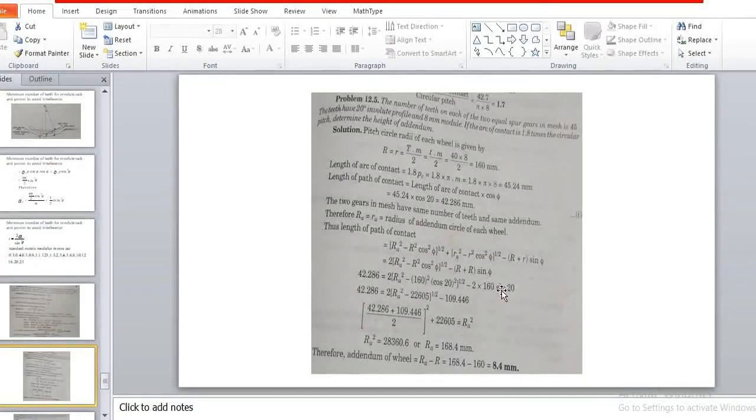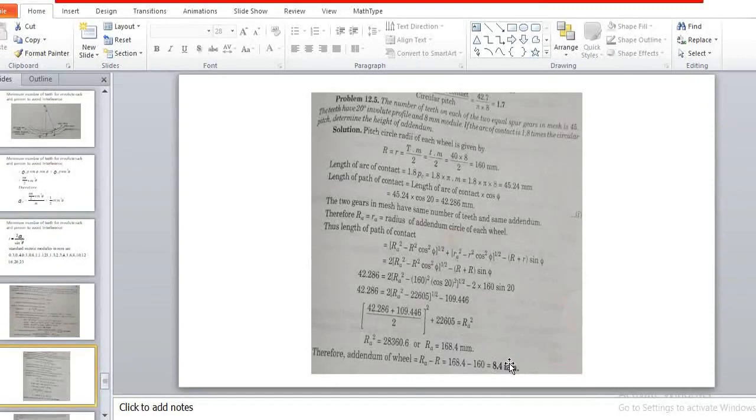Put in all other values, and the only unknown in this equation is capital R, the addendum radius for the spur gear. After simplification, we find capital R is equal to 168.4 millimeter, and the addendum of the wheel is equal to capital R minus r, which is 8.4 millimeter. So the addendum of the wheel becomes 8.4 millimeter.